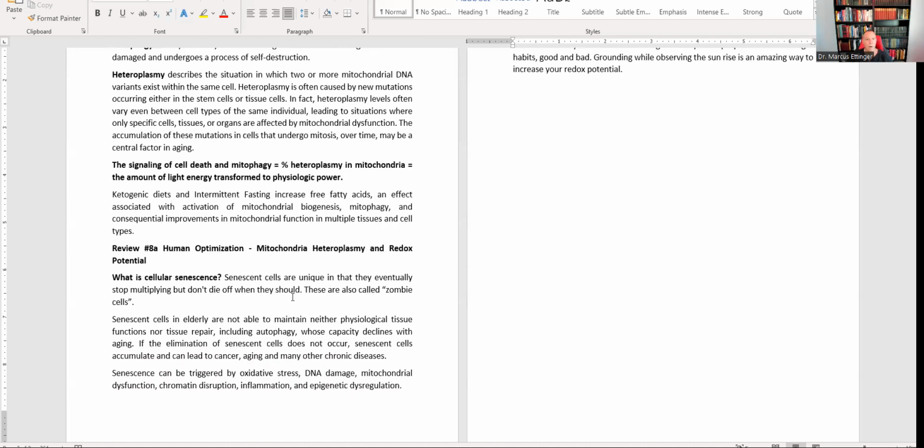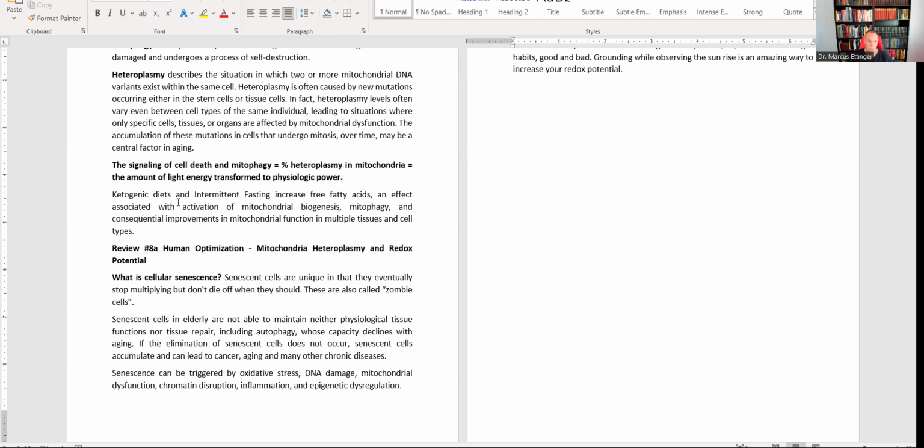So how we live our life connected to the natural world, for the most part, playing, running, exercising, our light habits, our mitochondria function better, the heteroplasmy rate decreases, and we live a longer, healthier life.